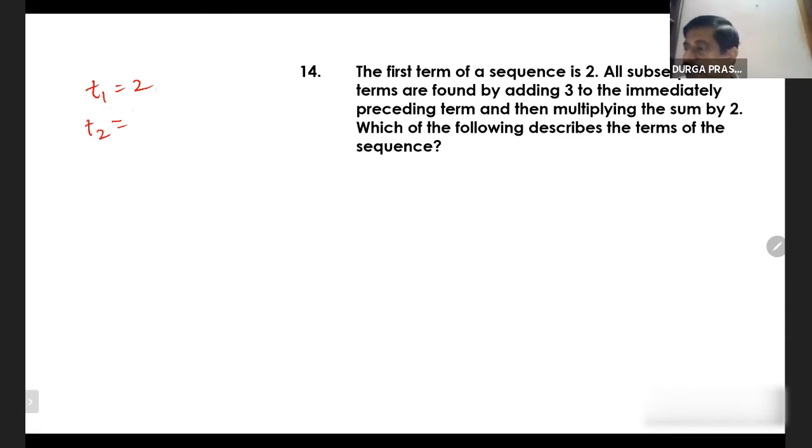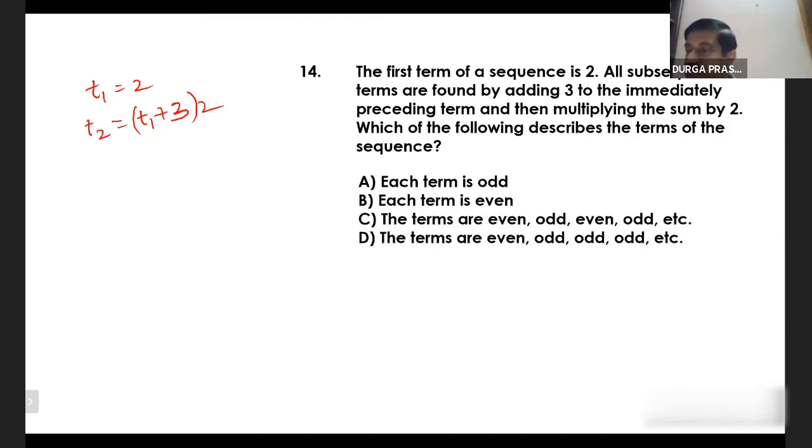T2 is T1 plus 3, into 2. This is the thing. Which of the following describes the terms of the sequence? So let us see what all are the sequences given. So that means every term after the first term is multiplied by 2. Multiplied by 2 means, whatever it may be, it is always even.